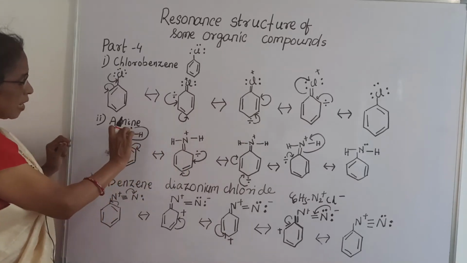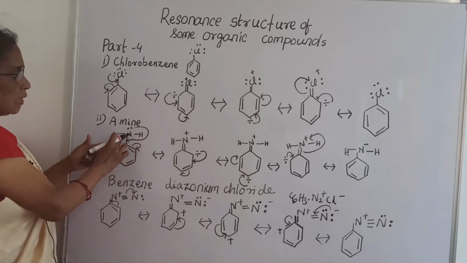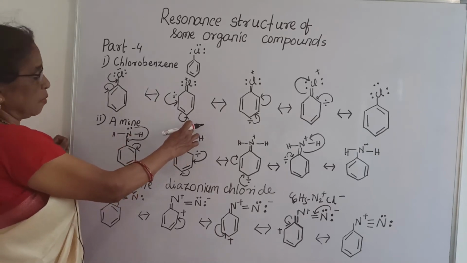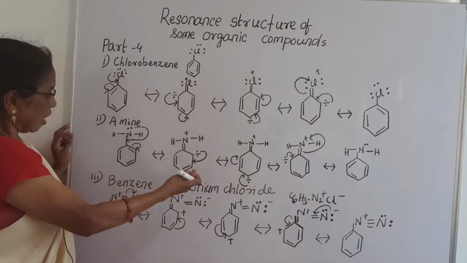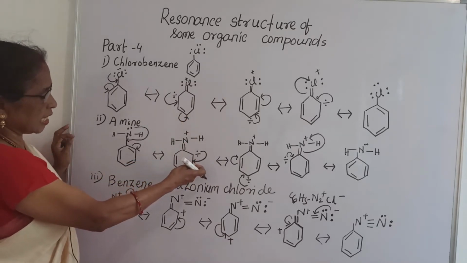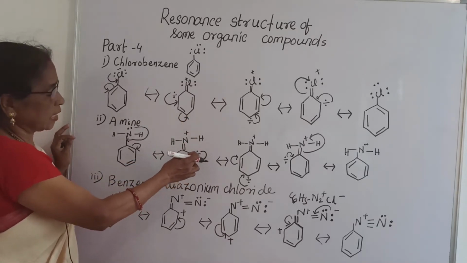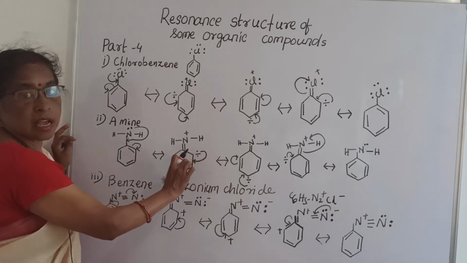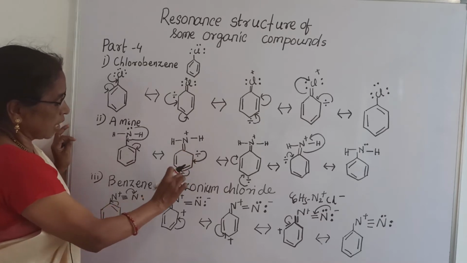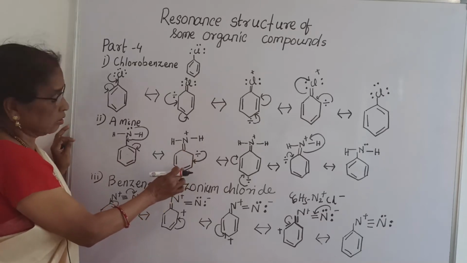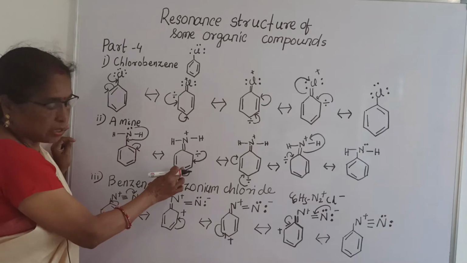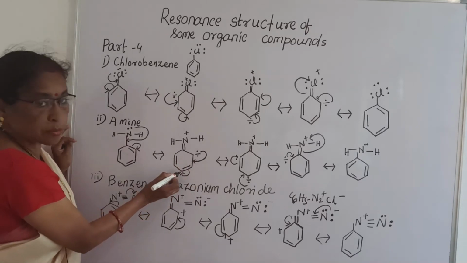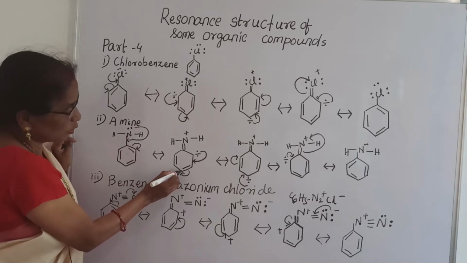Now since the pair of electrons moves to this bond, that is why it occupies a double bond, and nitrogen occupies a positive charge. Now you see in this case here what happens: a pair of electrons with negative charge is there, that is why this is delocalized to the adjacent bond, and here since pi electrons are there, one pi bond is there, this electron is delocalized to this carbon at the para position.